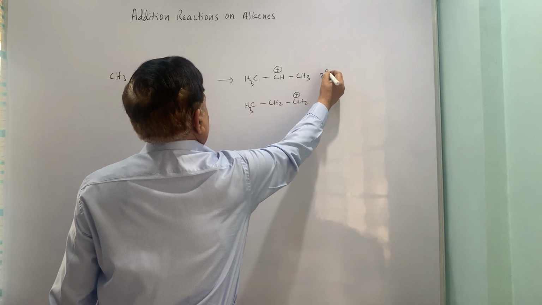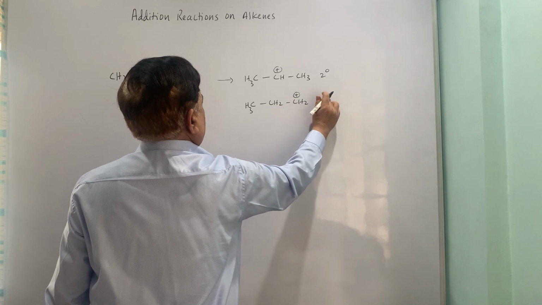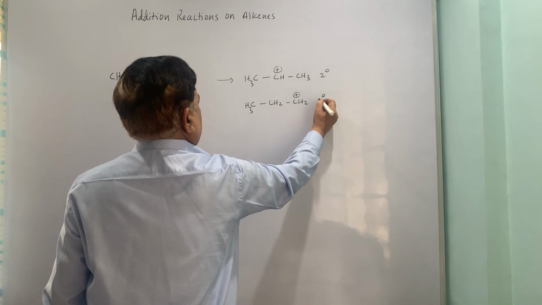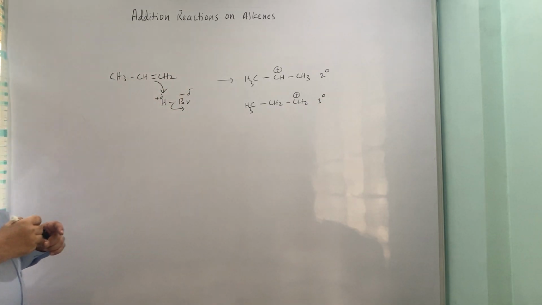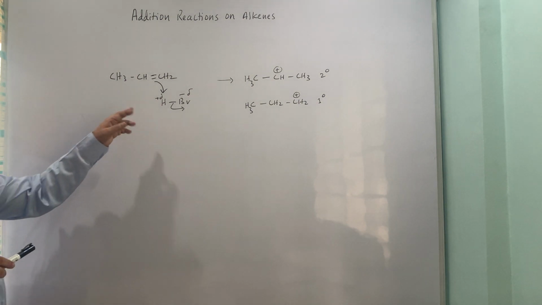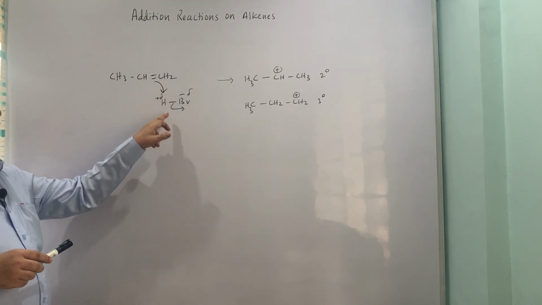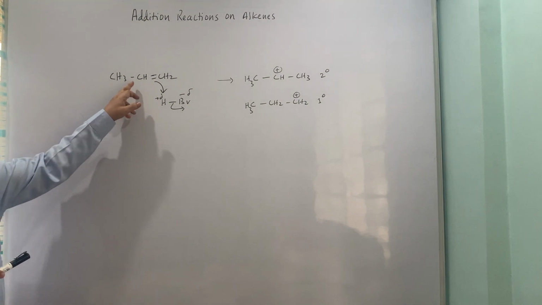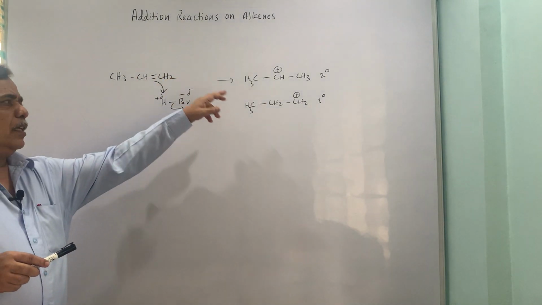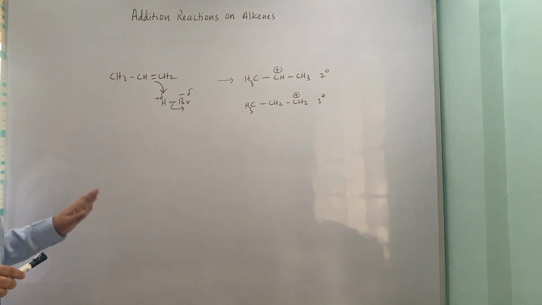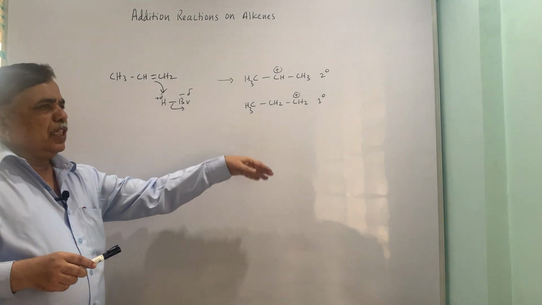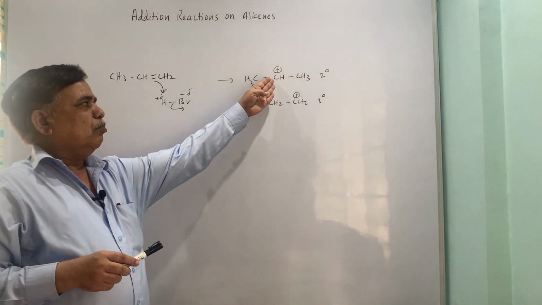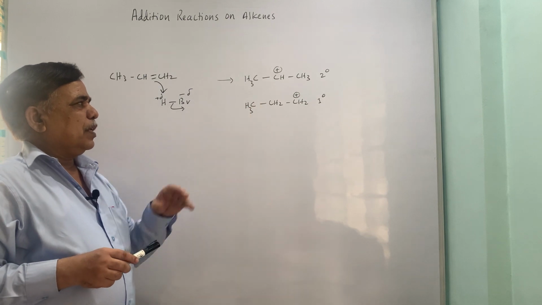This is a secondary carbonium ion, this is a primary carbonium ion. Now, if this carbon takes up the proton, then you will end up with a secondary carbonium ion. If this takes up the proton, the terminal becomes electron deficient. So, out of these two, naturally the secondary is more stable than primary.